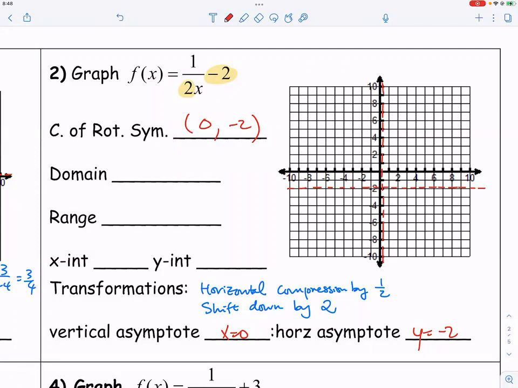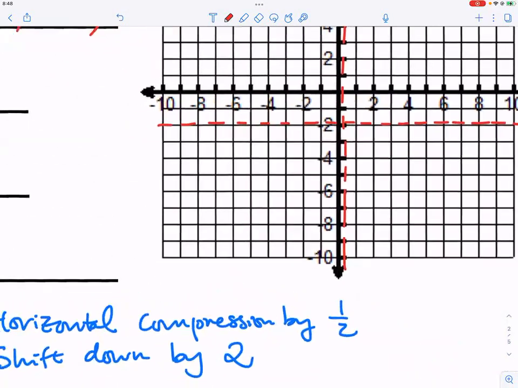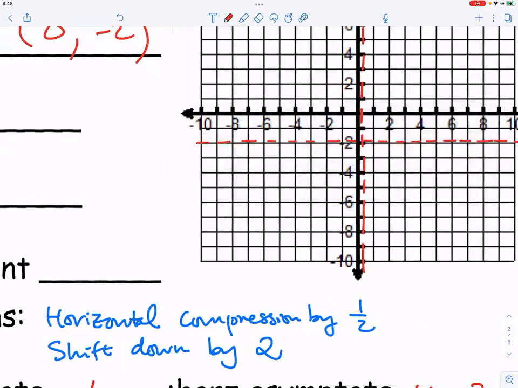That is (0, -2). All right. So originally, we are going to put the points right here.